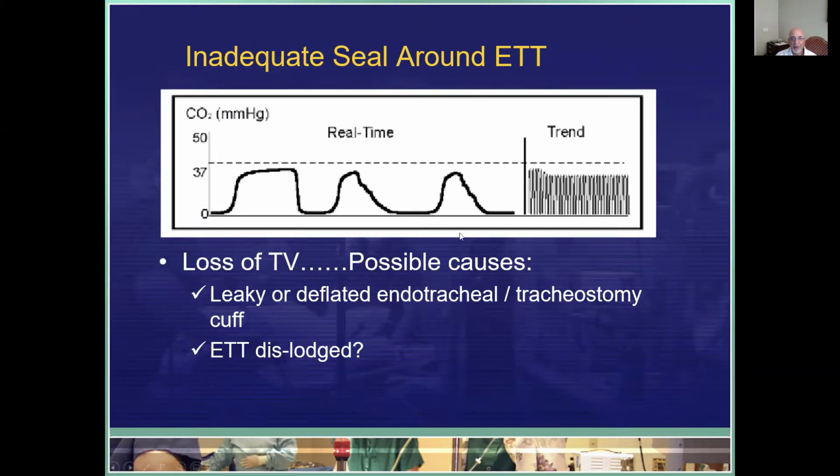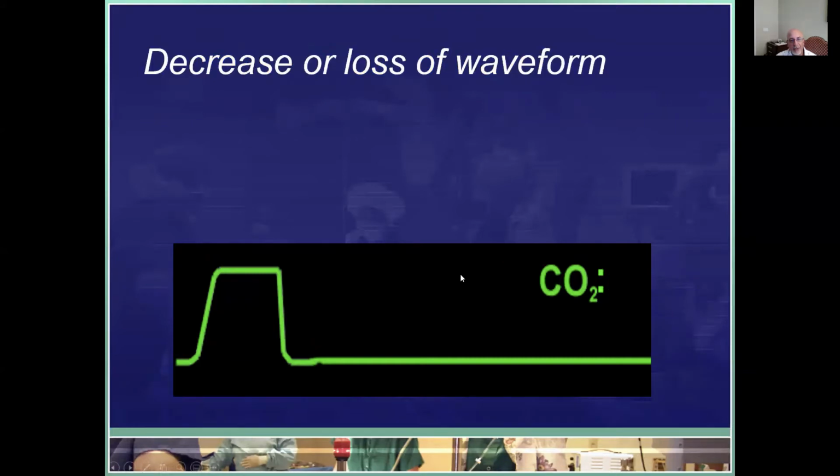The other areas where end-tidal CO2 is very useful is looking for a leaky or deflated endotracheal tube that is becoming dislodged. You will see the normal waveform deteriorating, where the waveform does not reach the plateau and quickly deteriorates.